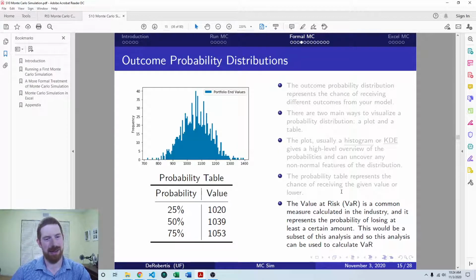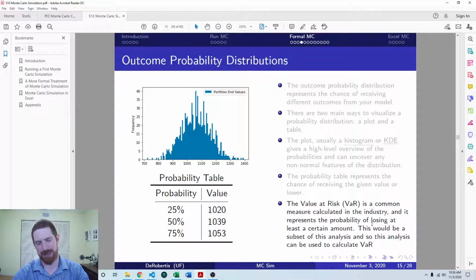And then I just wanted to note here that the value at risk is a common measure that's used in the industry, and the value at risk is typically looking at a portfolio, but it evaluates, at a certain confidence level or certain probability, the minimum amount that you're going to lose.